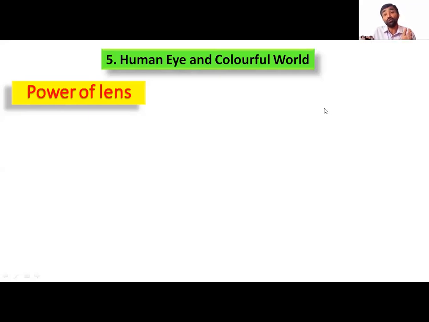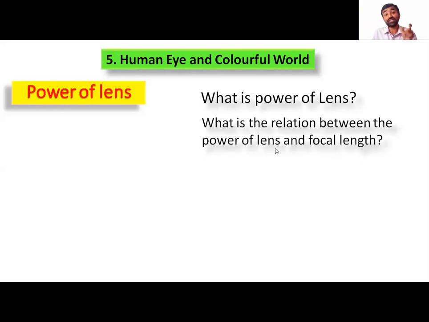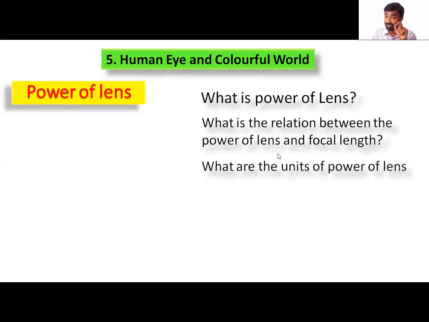How effectively you are converging or diverging the light rays is the power of lens. In this topic, we will learn what is power of lens, what is the relation between the power of lens and the focal length, and what are the units to express the power of lens.